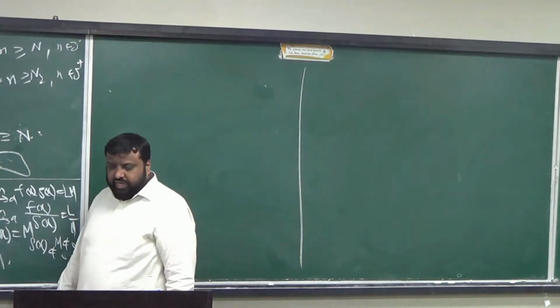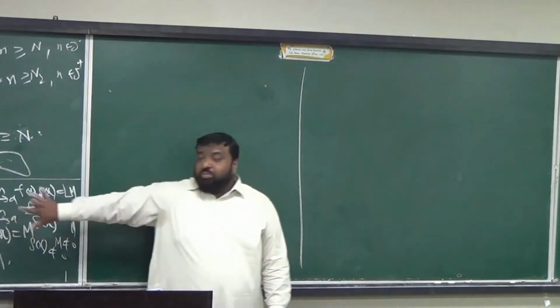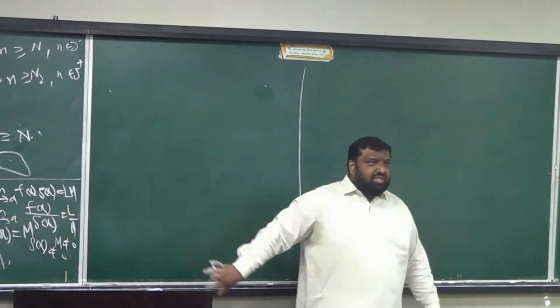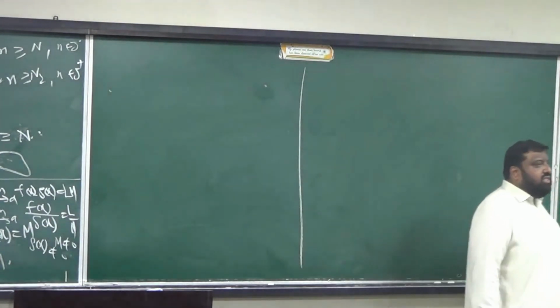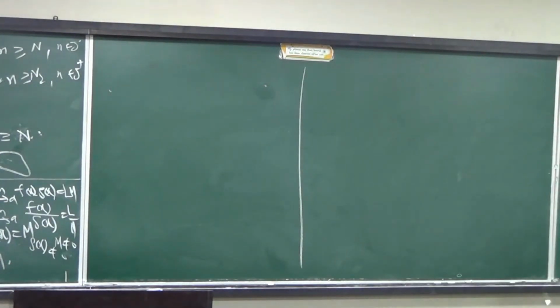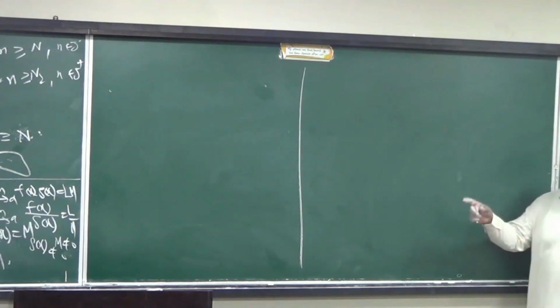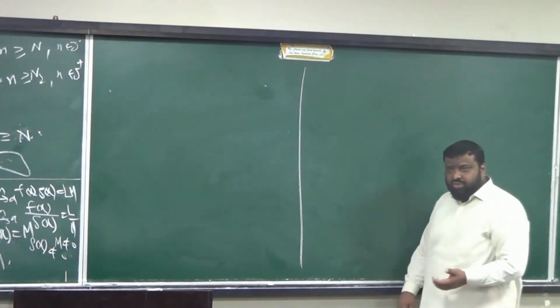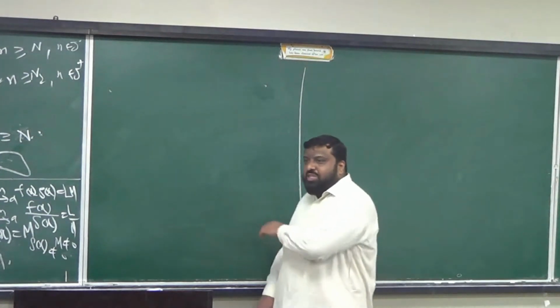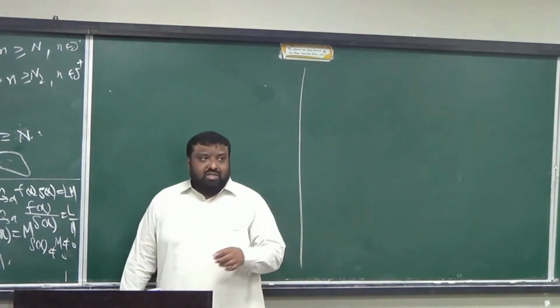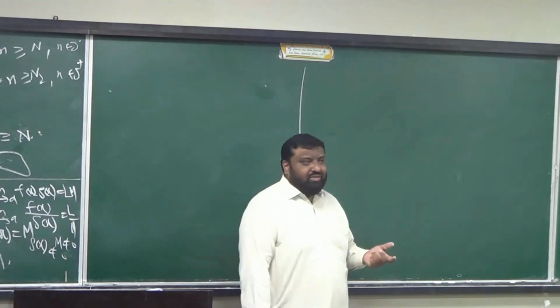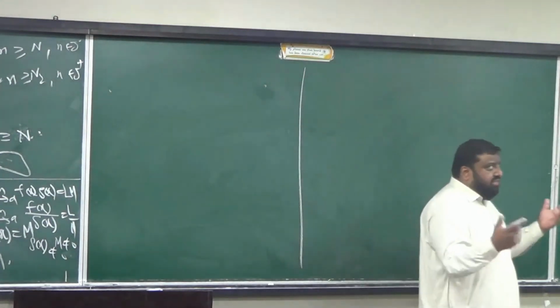Obviously, this definition in terms of sequences is going to be very useful if you are in R. So in R, this is the best way to approach. But if you are in general metric spaces, you need an order in the metric. This can work if you have order.